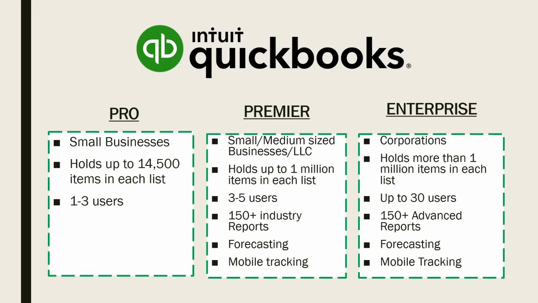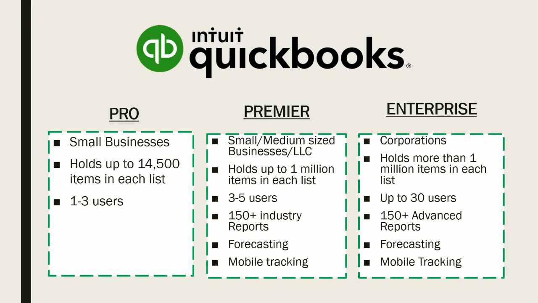So if you're a small sole proprietor, most likely Pro is all you need. You may not need to forecast. You may not need those industry practices because you're a sole proprietor, very small when it comes to a company. Premier would be ideal in general if you just need that extra space. But again, it is for small or medium-sized businesses.